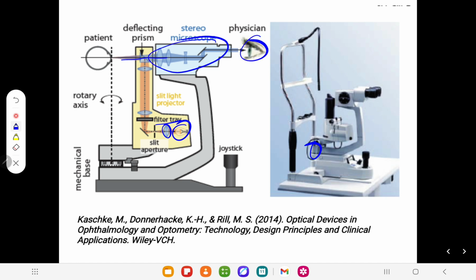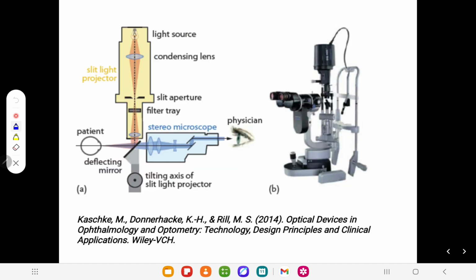There is also the observation system, which is basically the slit lamp microscope. The same thing is here too. Light came, this is the collector and condensing channel, this is the slit aperture and filters, it passes through this lens to the patient's eye. From the patient's eye, this mirror is not a completely opaque mirror, so light passes to the observation system.